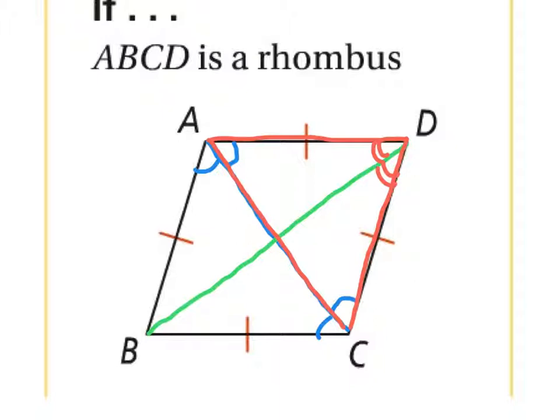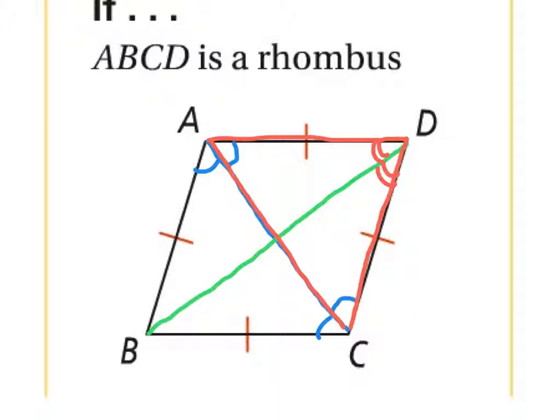Okay? So going back to a theorem that we talked about in Unit 2, Chapter 4, dealing with isosceles triangles, if a segment drawn from a vertex is an angle bisector, then it must also be a median and an altitude.